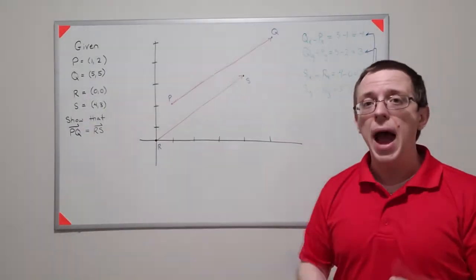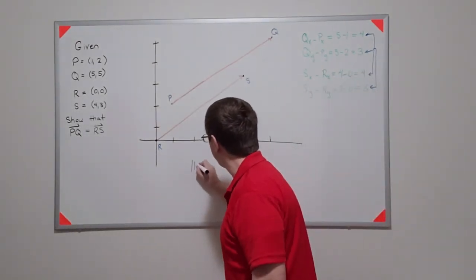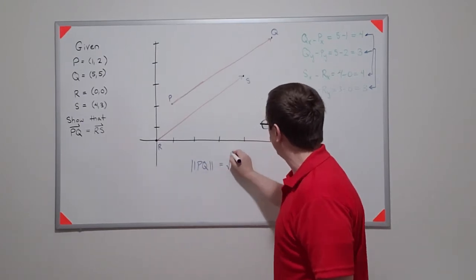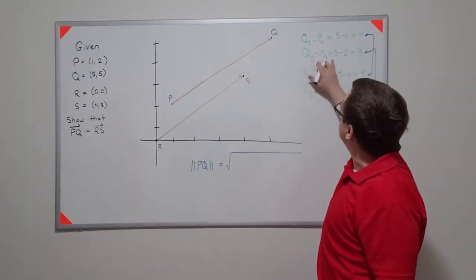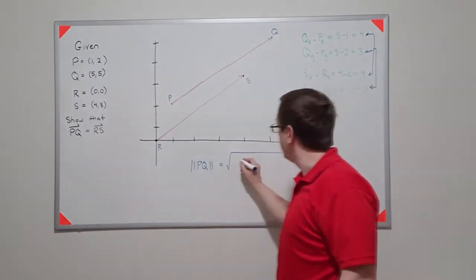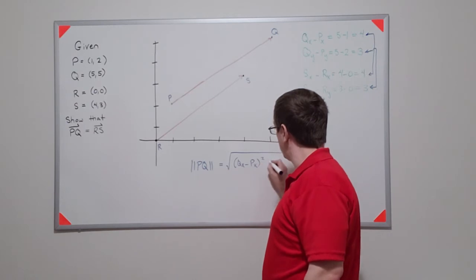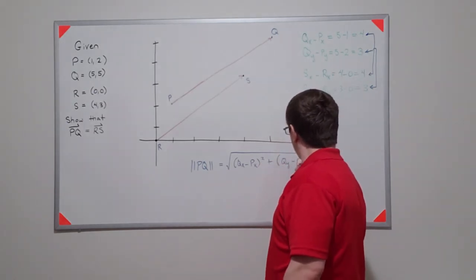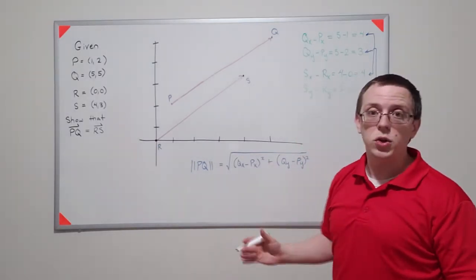So if I get the magnitude of PQ, it's literally these components. It's the difference in X and the difference in Y. And we take the square root.